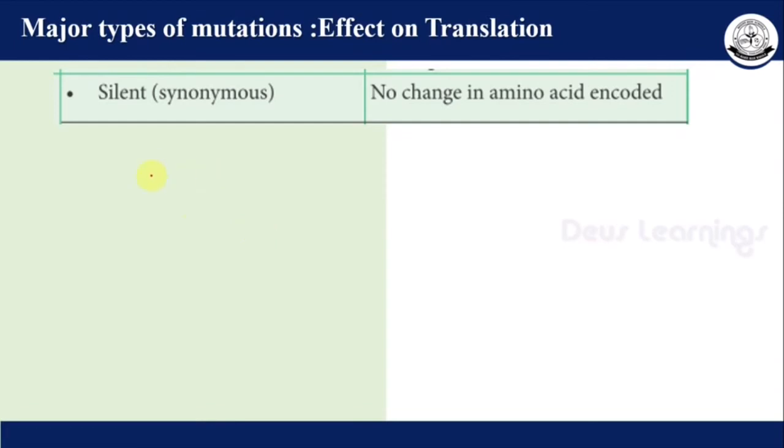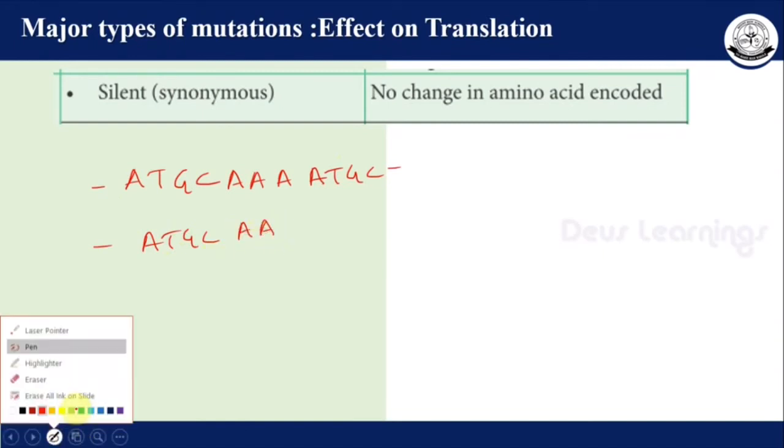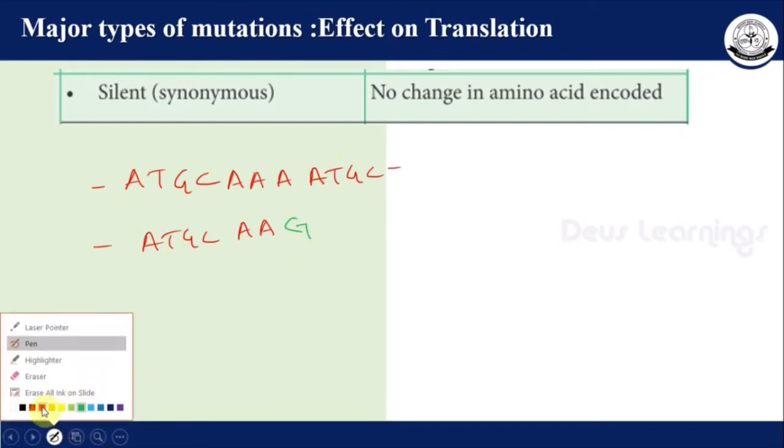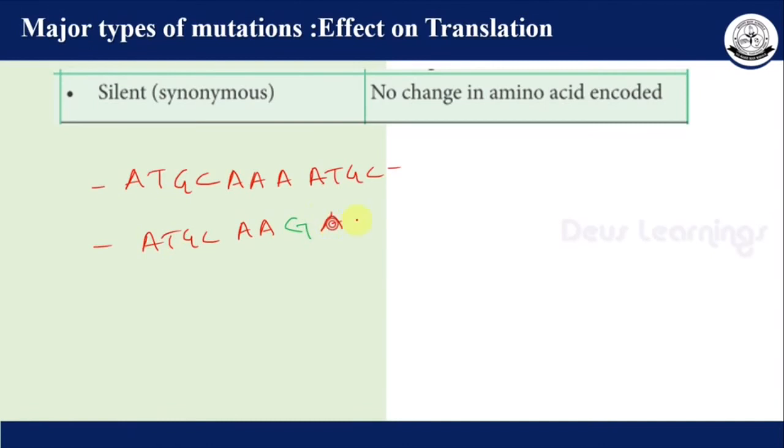We have a sequence A, T, G, C and again A, T, G, C. Okay, and now what happened? A, T, G, C and then A, say G, followed by the same ATGC.